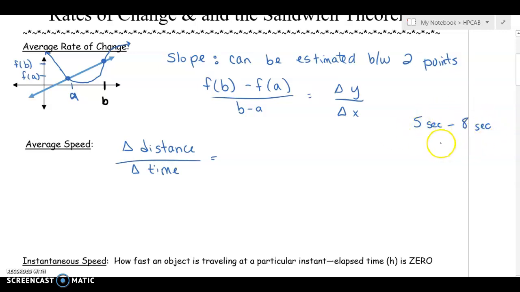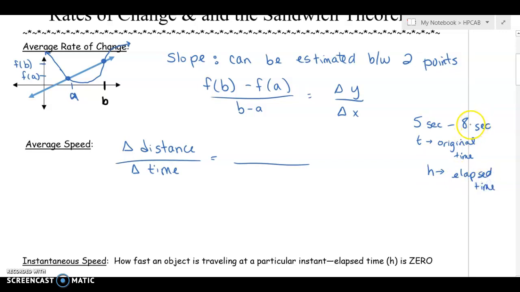If you were trying to find the average speed between 5 seconds into takeoff and 8 seconds into takeoff, your change in time, t, is going to be your original time. So in this case, it would be 5 seconds. h is going to be your elapsed time.